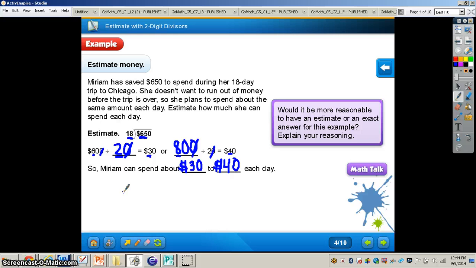The reason is that 40 times 18 equals 720, and she does not have enough money to spend $40 a day. Or we could see that 600 is a lot closer to 650 as opposed to 800. We only changed 650 by $50, but we changed 650 by $150 when we changed it to the compatible number of $800.